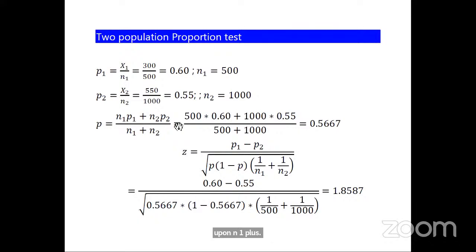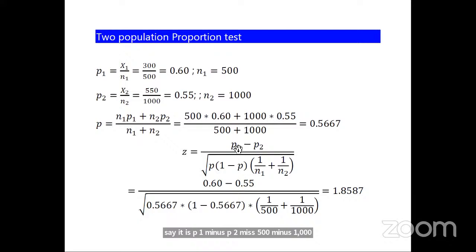So N1 is 500, P1 is 0.6, then plus N2 is 1000, P2 is 0.55, divided by N1 is 500 plus N2 is 1000. So the value of P, if you compute this, you will get 0.5667. Now the computation of Z. It is P1 minus P2, means 0.6 minus 0.55.